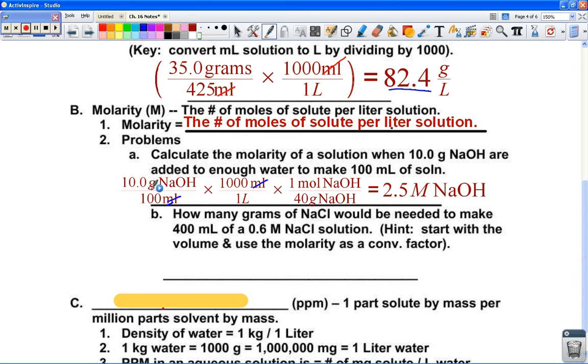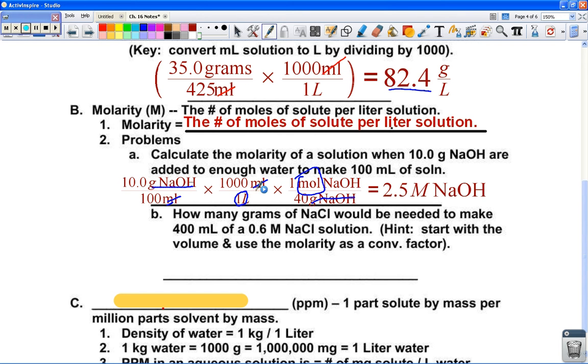And we know that there's 40 grams of sodium hydroxide in 1 mole of sodium hydroxide. If we don't know where we get the 40 grams, it's our molar mass, and if we're still having difficulty with molar mass, we've got some studying to do. That winds up with moles per liter.